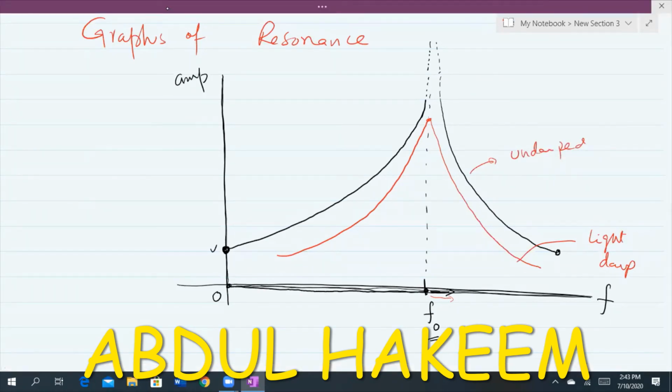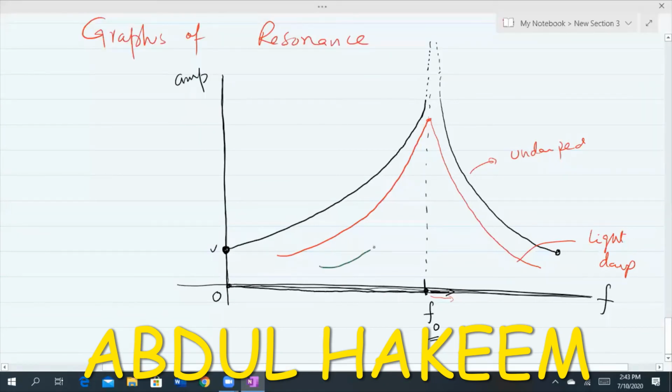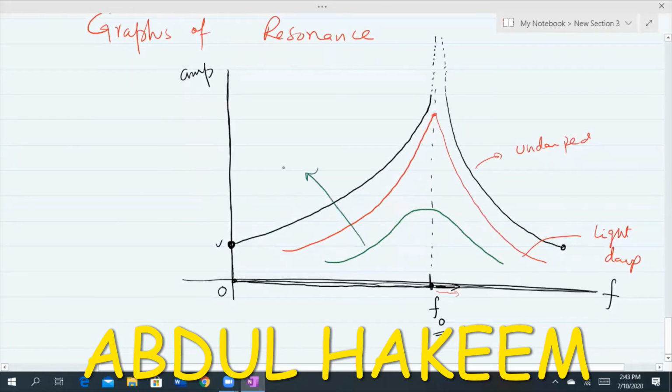Next, if the system is heavily damped, then this is the graph. So this is the resonance for heavy damping. Heavy damped system. So a very small amplitude will increase because there is a big loss of energy by the heavily damped system.